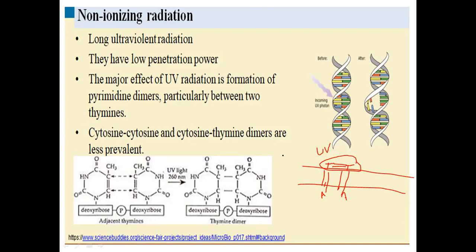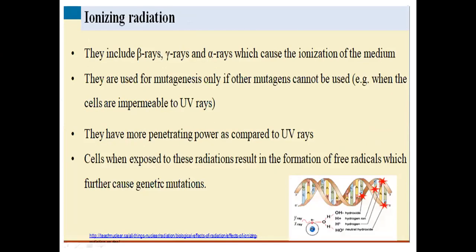So mostly thymine dimers, sometimes cytosine dimers also. So finally you can understand they form pyrimidine dimers, not purine dimers. More frequently thymine dimers, then cytosine dimers, or cytosine-thymine dimers are also formed sometimes, right?